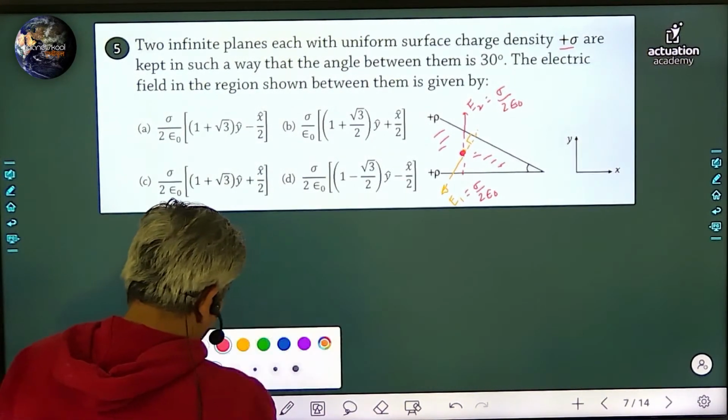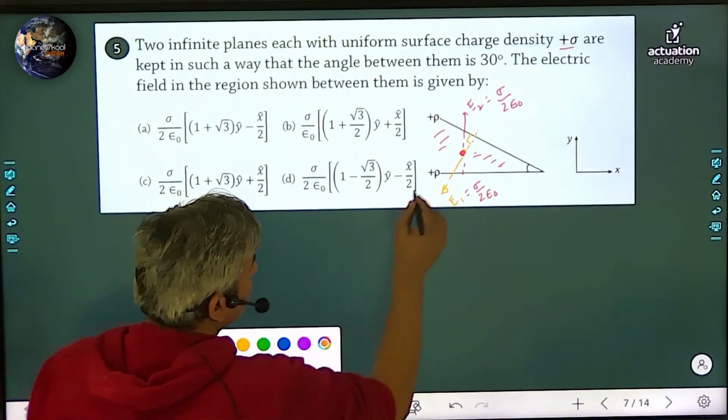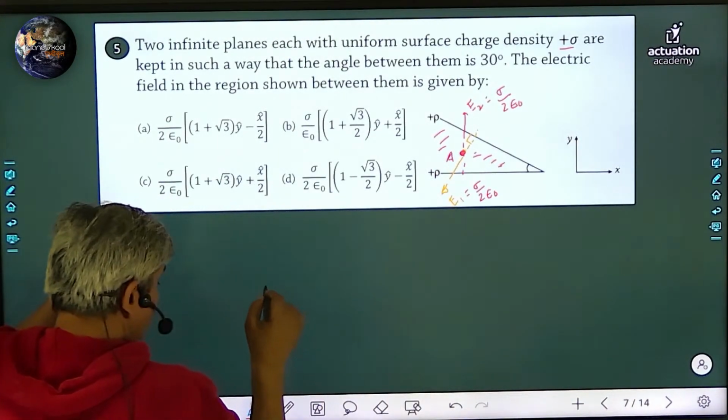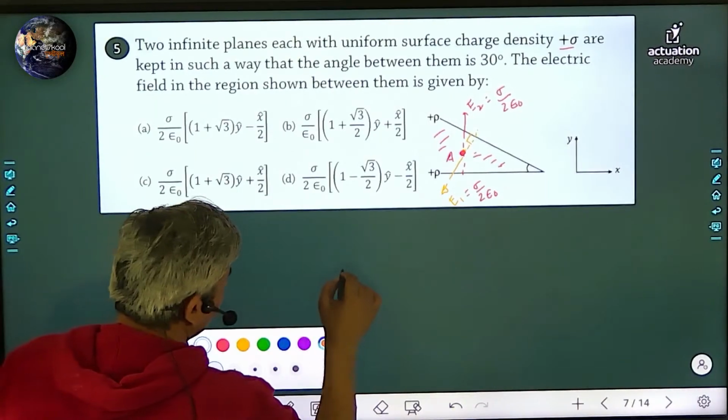Okay. So let's assume this point as A. So I'll just mark it here.